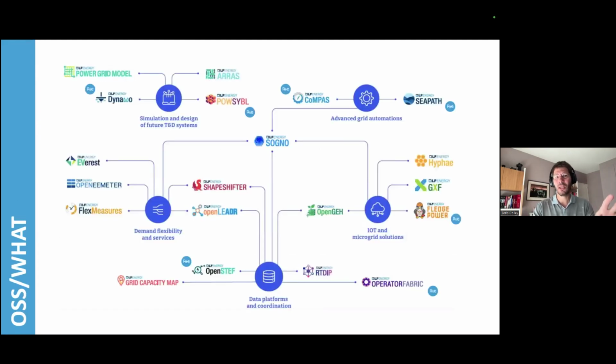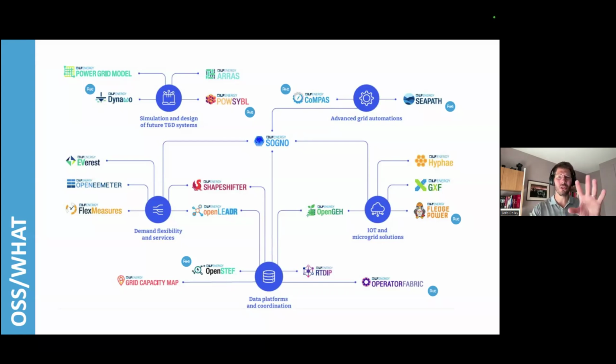So what is this? This is a picture. It's obsolete, I'm sorry, because it's not well classified, but it's a map of what exists in the Linux Foundation Energy projects. By that, I mean very healthy product solutions for your needs when you are a distribution grid operator or transmission system operator, and sometimes a market player in EV charging or whatever.